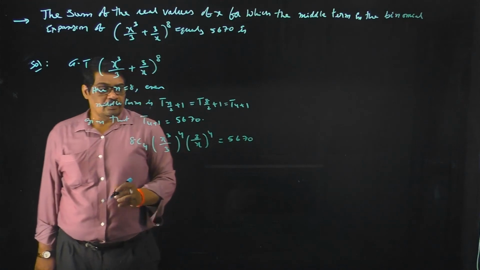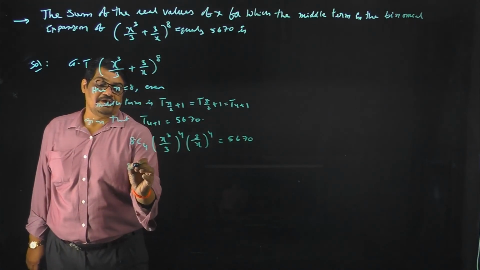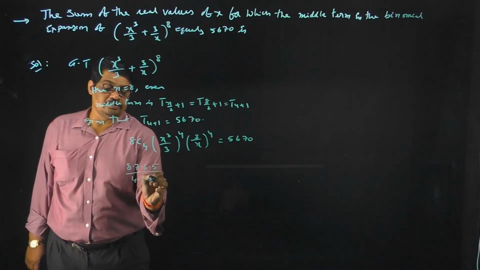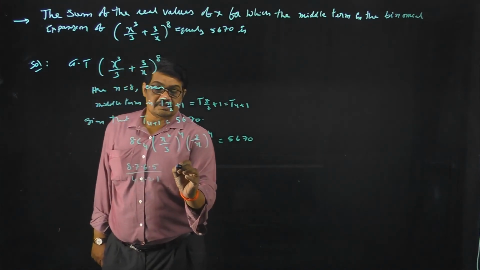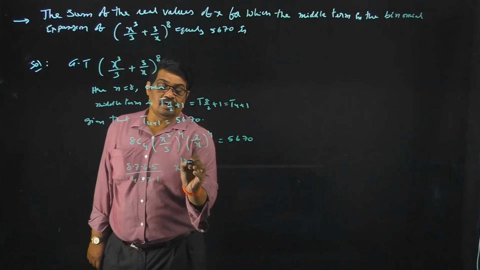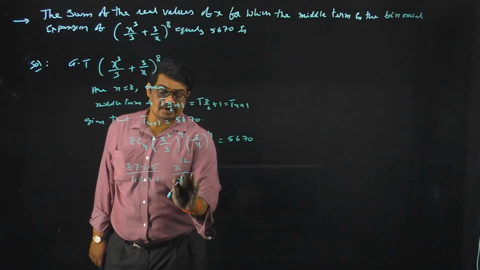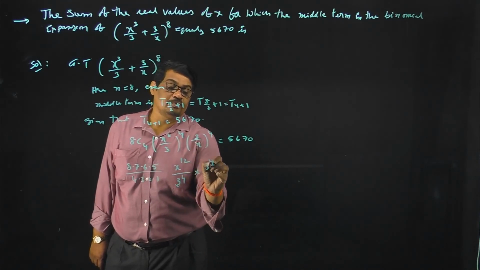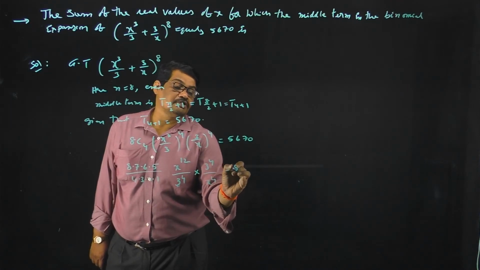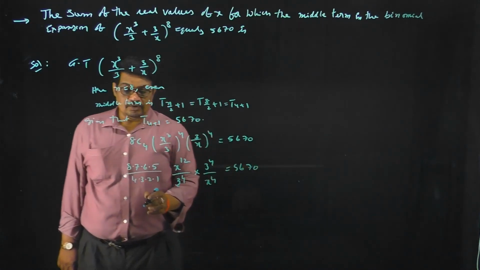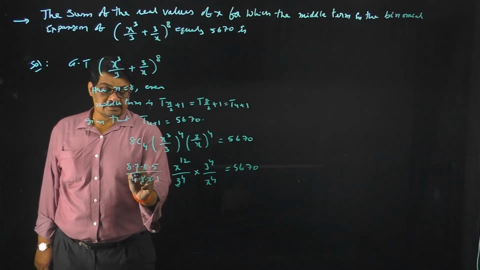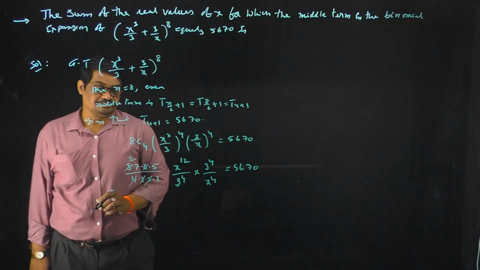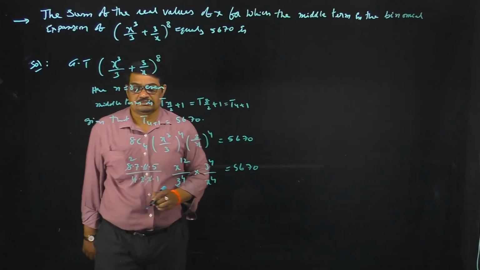Equal to 5670. Now we write 8C4 as 8 into 7 into 6 into 5 by 4 into 3 into 2 into 1. Here x to the power of 3 into 4, that is x to the power of 12, by 3 to the power of 4, into 3 to the power of 4 by x to the power of 4, is equal to 5670. 3 twos are 6, will be cancelled. 4 twos are 8.